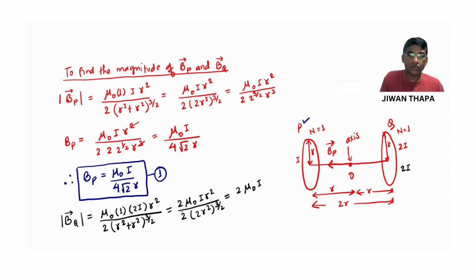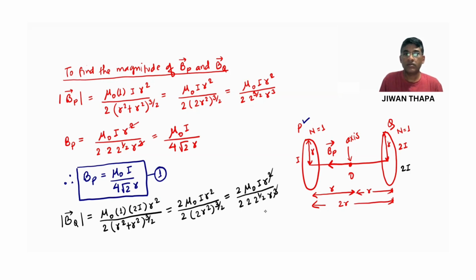I can cancel this 2 at the numerator and denominator also. 2, and I'm writing in this way, okay, because when the base is same, the power adds up to give 2 power 3 by 2. So we have this. And we have R cube.